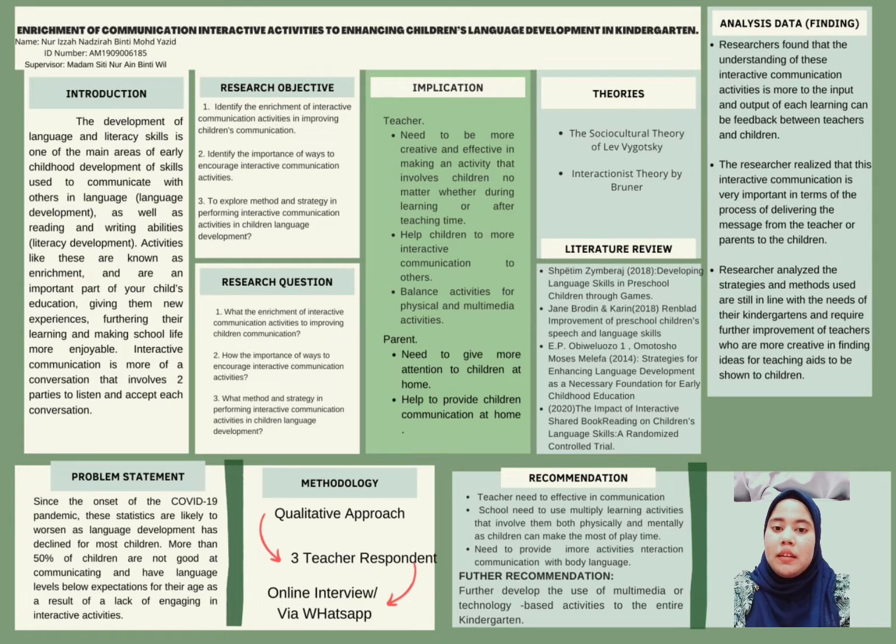The second theory in the research is the interactionist theory by Jerome Bruner. This is because children do have an innate ability to learn language, but they also require plenty of direct contact and interaction with others to achieve full language fluency.